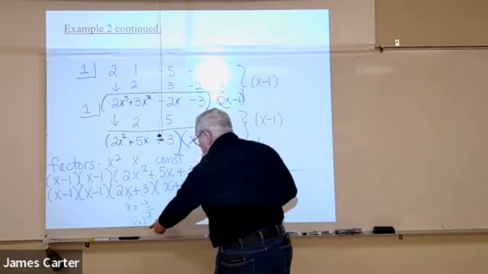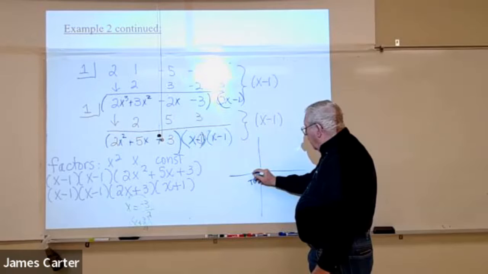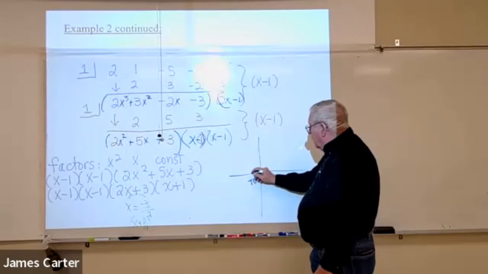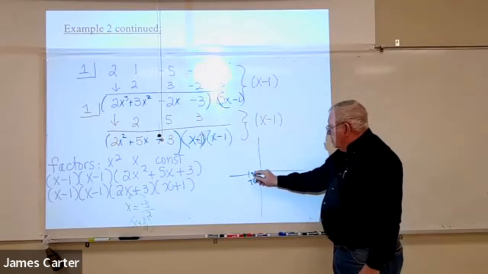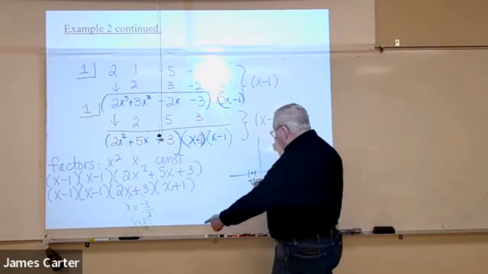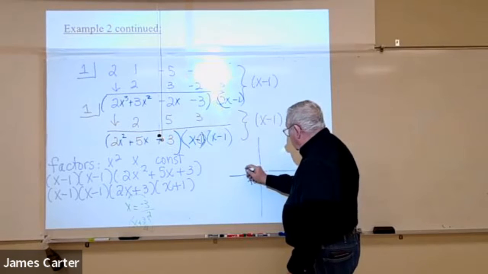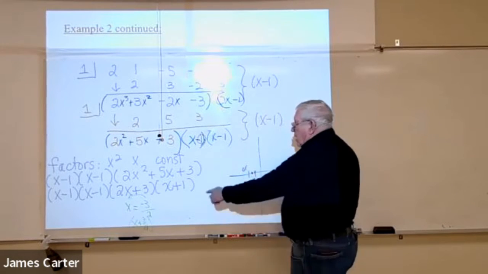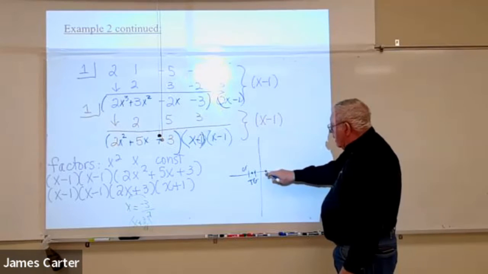This one, x plus 3/2, gives me a point at minus 3/2. Here's 1. Here's 2. Okay, so that gives me that point. This and that one is a crossing because there's only one of them. And that point gives me a point here at minus 1.